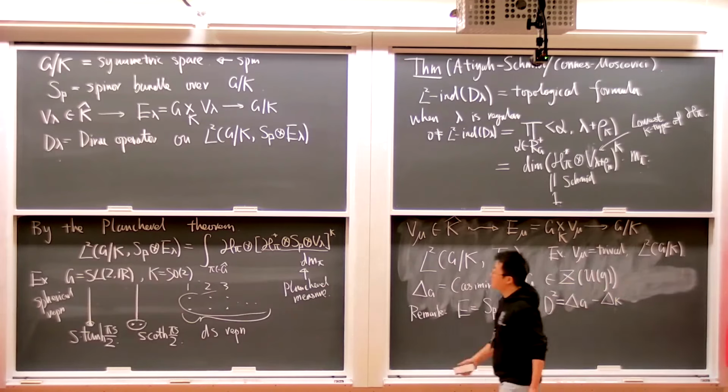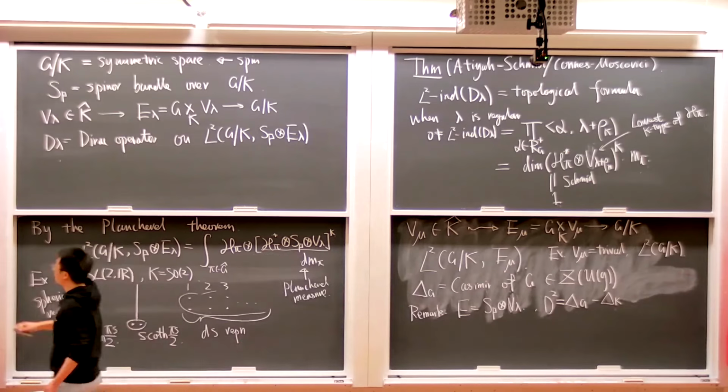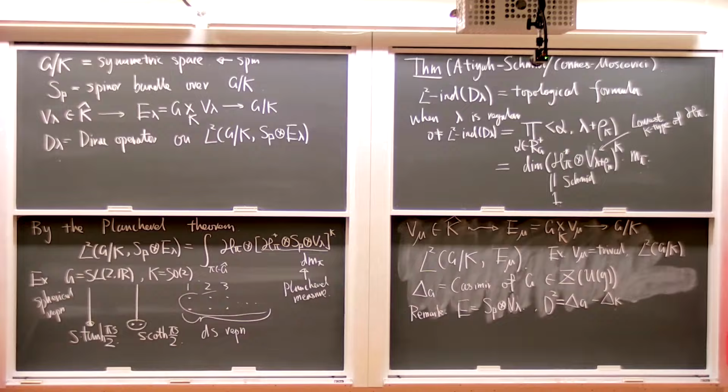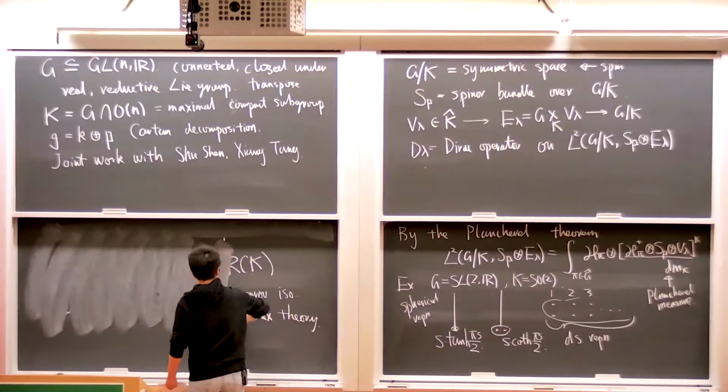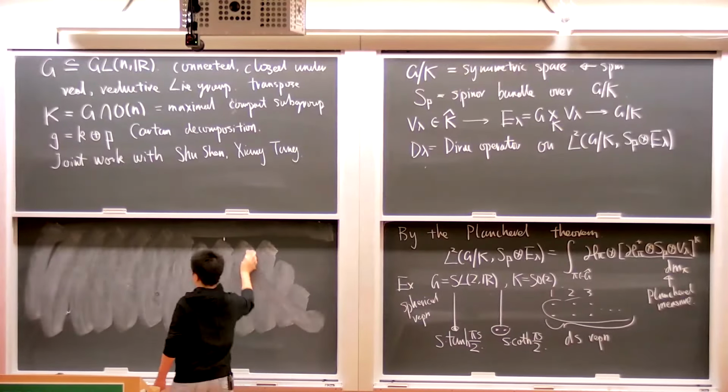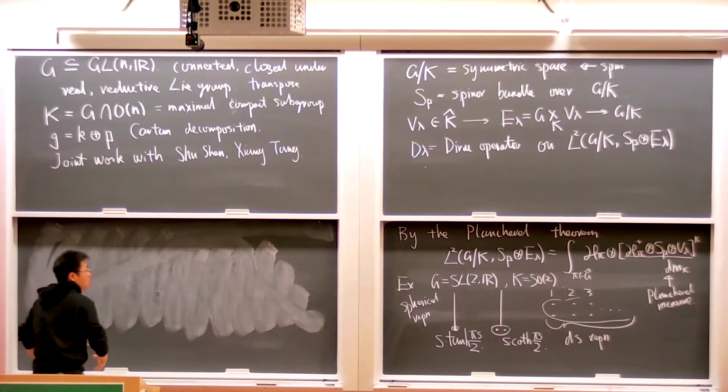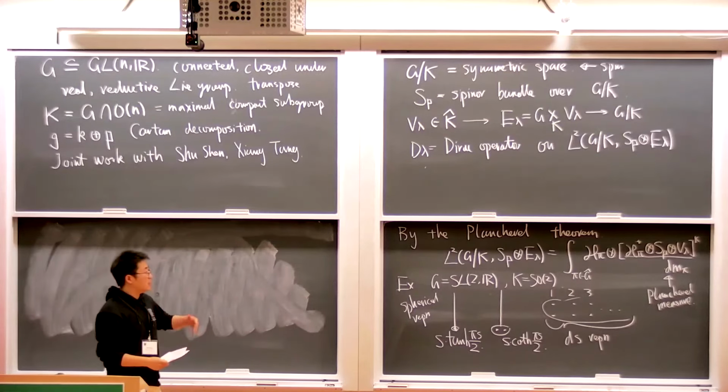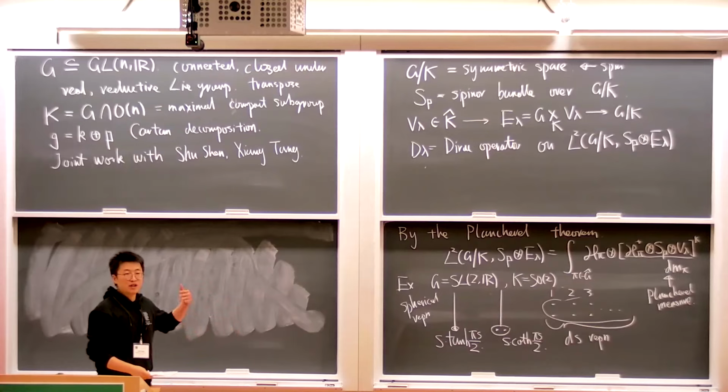Now let me tell you the main machinery I'm going to use today. Since I have no D, there's no index series, so there's no index formula. But for this Casimir element, we have something.